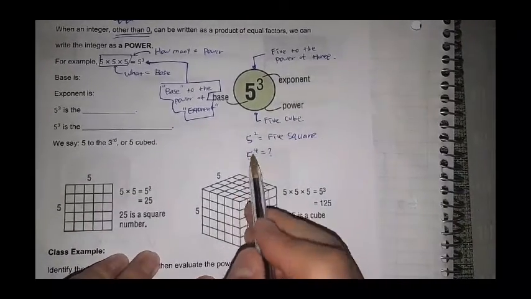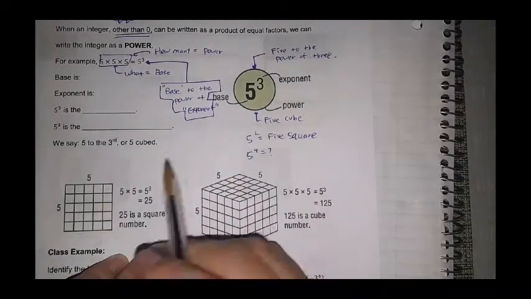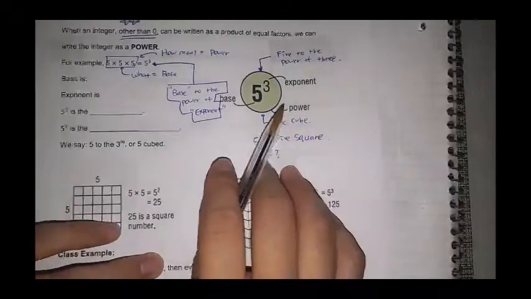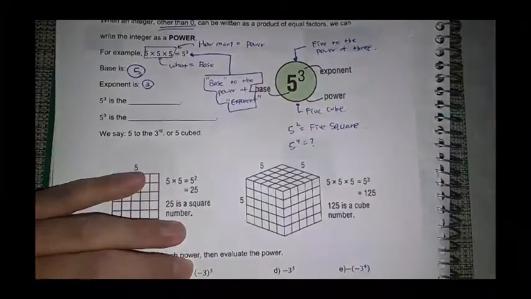As you may notice, I'm going through this basic because of some exceptions. 5 to the power of 4. That's what you can do. So in this case, ladies and gentlemen, base is 5, exponent is 3.